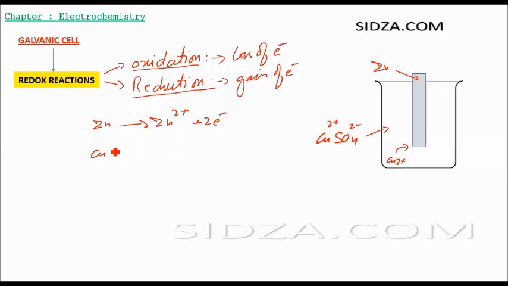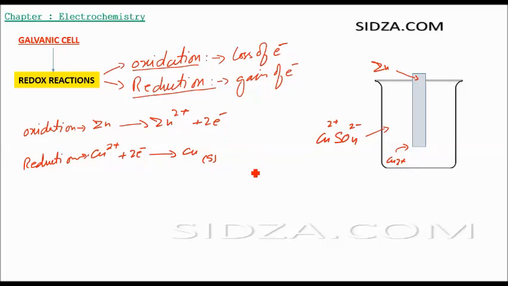The Cu2+ ion accepts the electrons lost by the zinc and forms solid copper. So the zinc is getting oxidized, this is the oxidation which occurs at the zinc, and the copper gains the electrons, so it undergoes reduction.